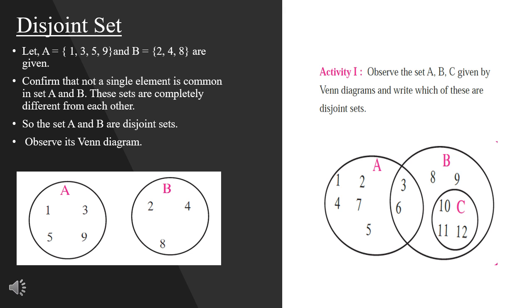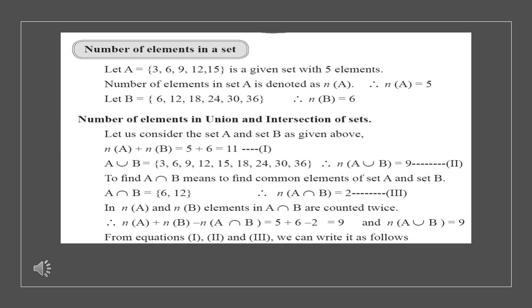Now let us see how do we write number of elements in a set. Let us take the example of set A. Count the number of elements in set A. Yes, there are 5 elements. So if I want to write down the number of elements of set A, it will be n bracket capital A bracket closed equal to 5.